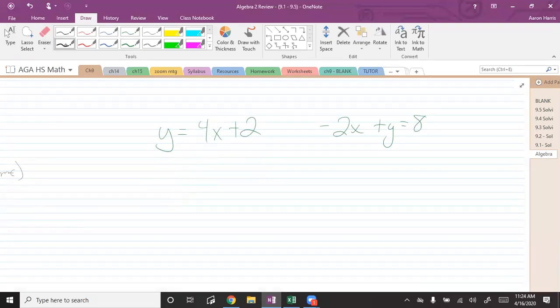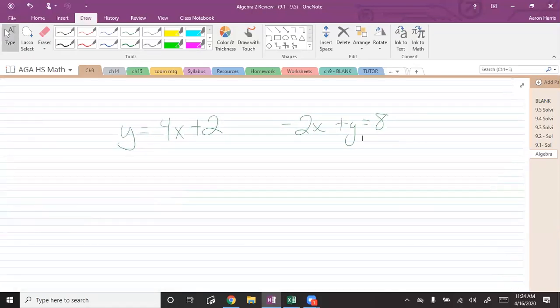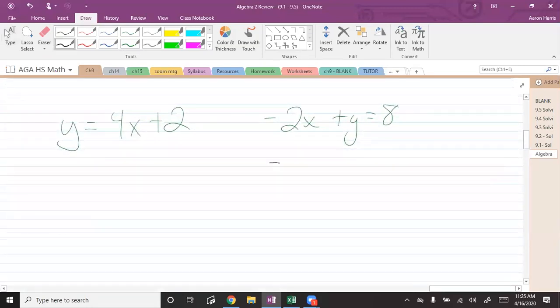So what do we do? I'm using substitution. So what do we do? You add, so it's going to be 2x plus 4x plus 2 equals 8. Close. It's not 2x, but what? Negative. There you go. Negative 2x plus, instead of y, I'm going to substitute this in.